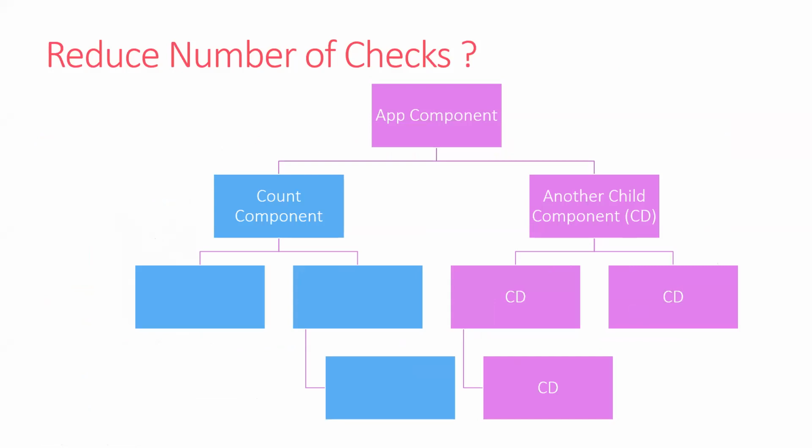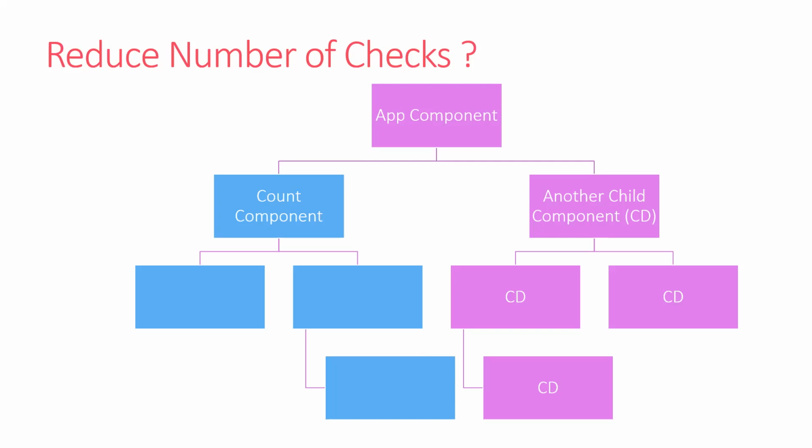Yes. Now what I have done, I have changed the change detection strategy of count component to OnPush. And from app component, I'm not passing a new object to count component. So the change detector of count component is not running. And also it is making sure that change detector of all the child components of count component is not running.